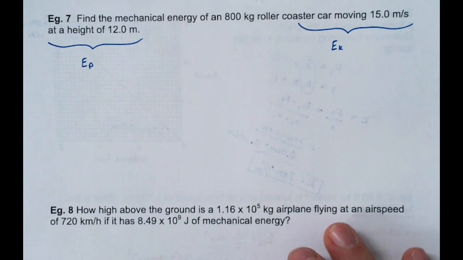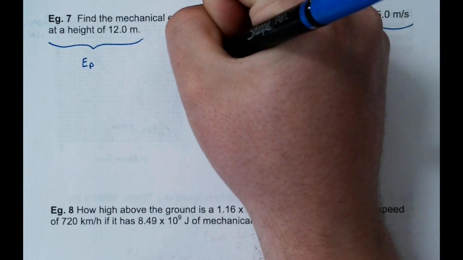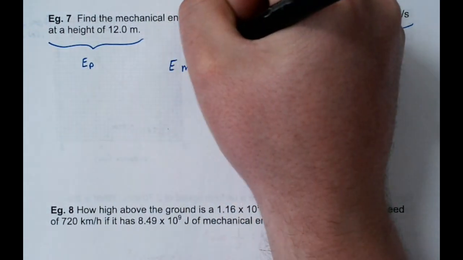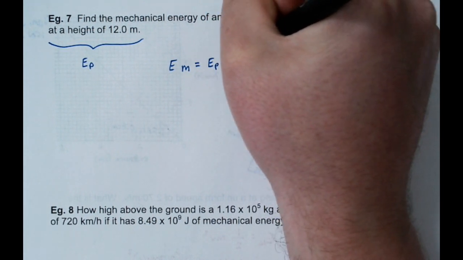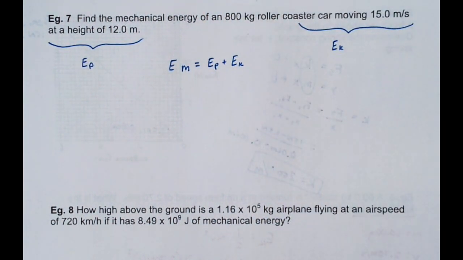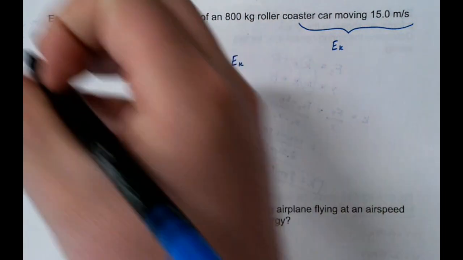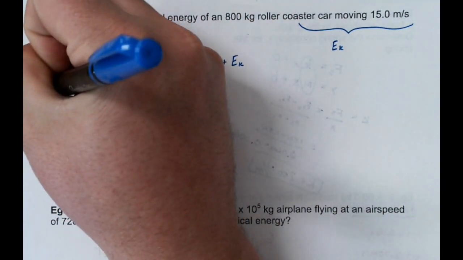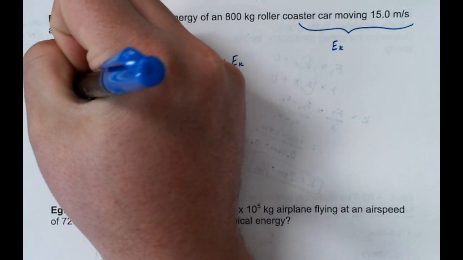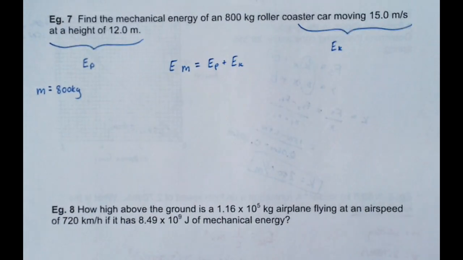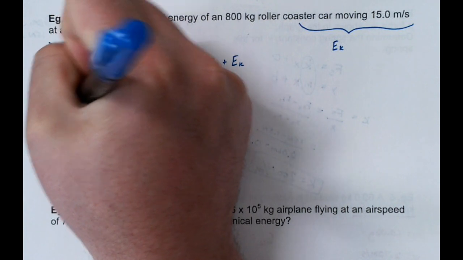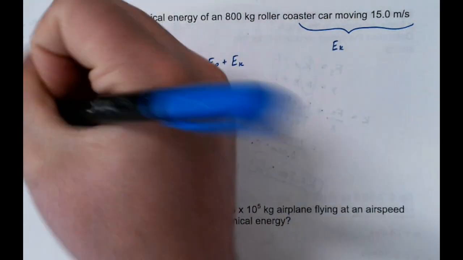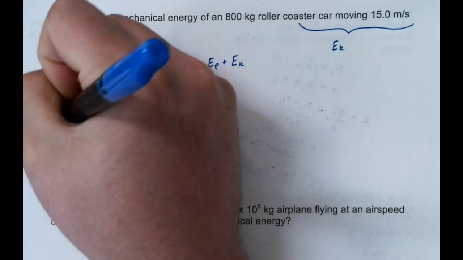So our mechanical energy is the potential energy plus the kinetic energy. So in this question, what we know is that there is a mass of 800 kilograms, a speed of 15 meters per second, and a height of 12 meters.